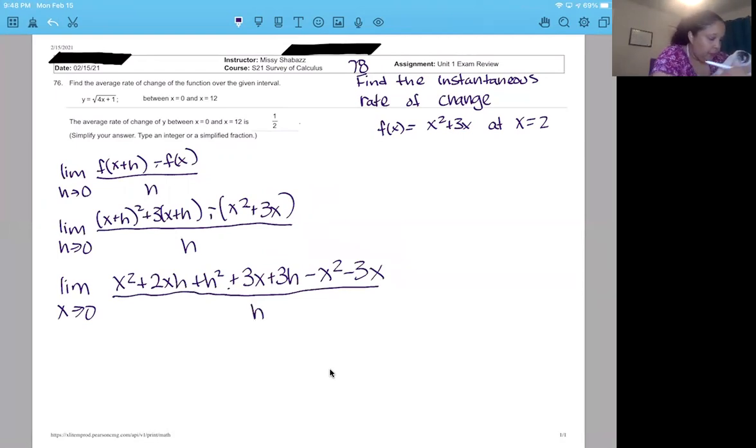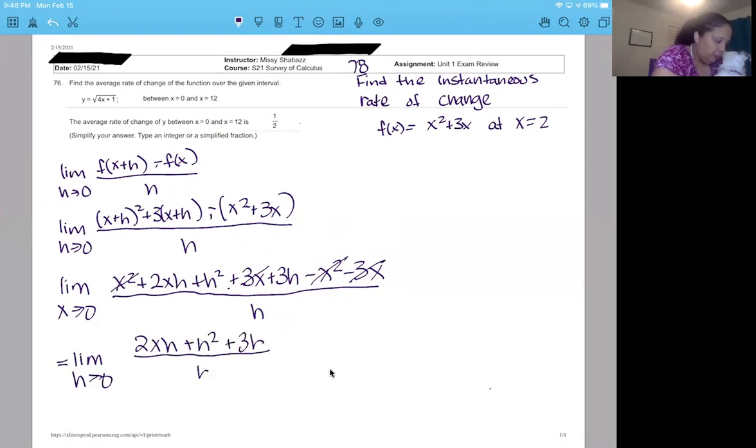And now let's go ahead and get rid of like terms. So x squared minus x squared, 3x minus 3x, and what I have left over in the numerator is 2xh plus h squared plus 3h all over h.